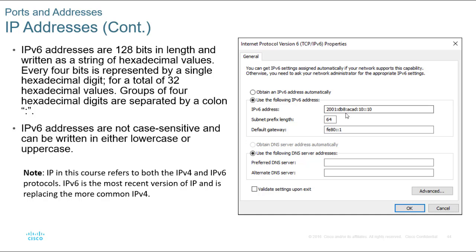And in hexadecimal, 10 equals the letter A, B is 11, C is 12, D is 13, E is 14, and F is 15. This uses colons instead of dotted decimals to separate groups of every 4 hexadecimal digits. These are not case sensitive. You could write this as uppercase DB8, uppercase ACAD, and it would be equivalent.